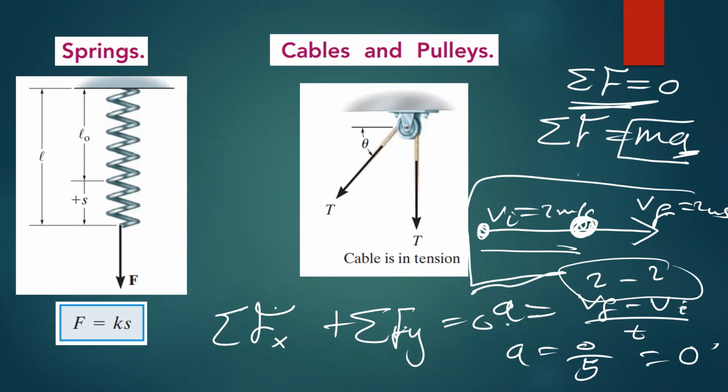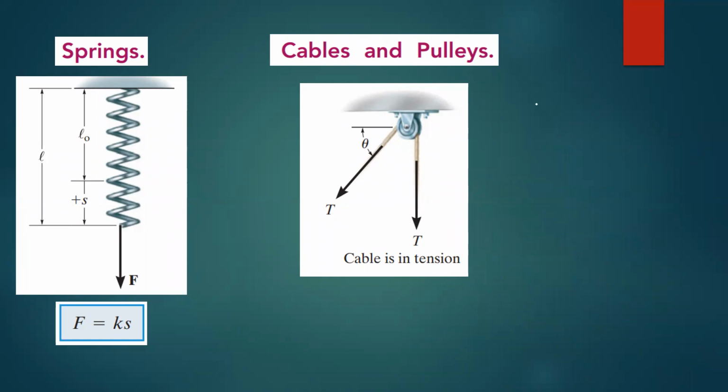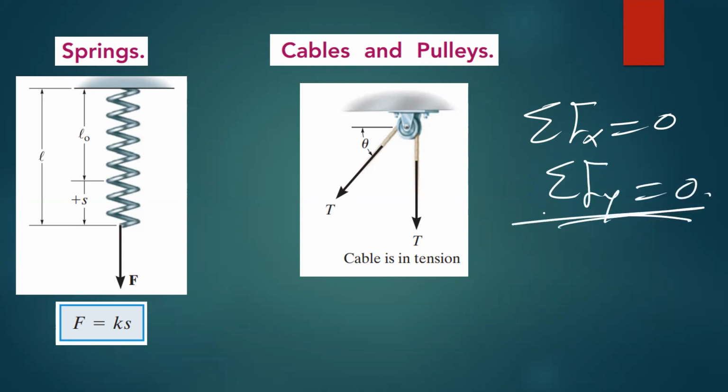Or simply, you can say summation of forces in the x is equal to 0, and summation of forces in the y is equal to 0. So as long as you're dealing with equilibrium of particles, these two formulas are very vital.